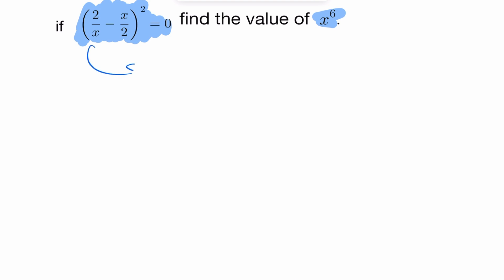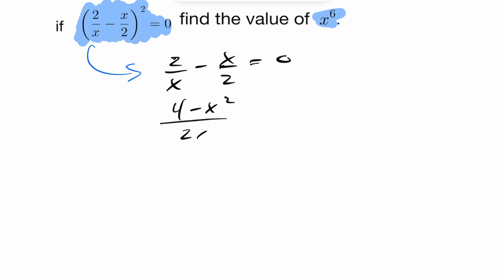So right away, if you take a look at this one here, if I know that (2 over x minus x over 2) squared is 0, it must be the case that 2 over x minus x over 2 must equal 0. In which case, if I clean this up, you get (4 minus x squared) over 2x must equal 0. And in this expression here, implicitly, you know that x cannot be 0.